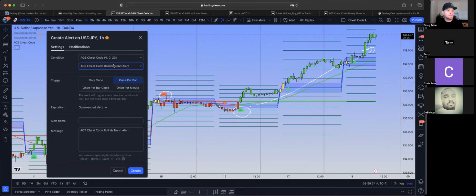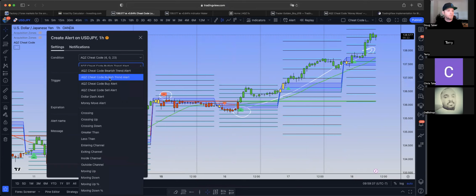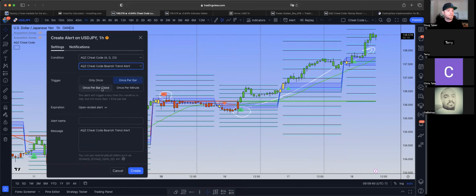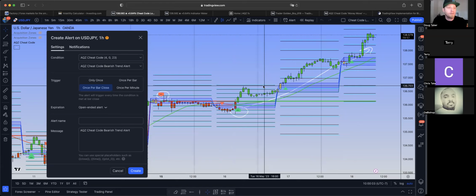Now, for these bearish and bullish trend alerts, how you want to set this up is once per bar close. Okay, so every bar close, you're going to get a notification if price is still above daily, weekly sentiment lines and trend moving average. So when the markets are trending strong, the bearish and bullish trend alerts are nice to have, but it's going to notify you every hour on the hour on that specific pair.